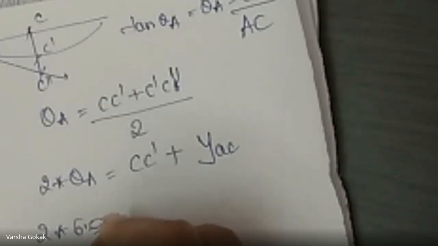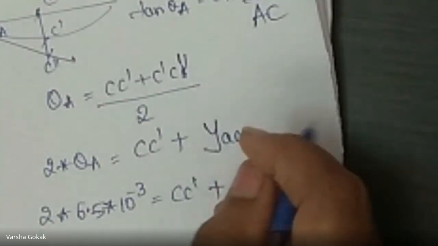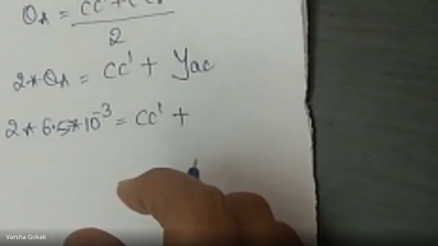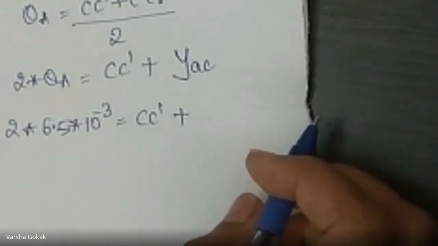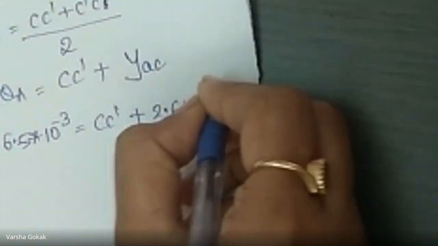So 2 times 6.5 into 10 to the power minus 3 equals C dash plus YAC. We found the value of YAC. How much was YAC? 2.61 into 10 to the power minus 3.